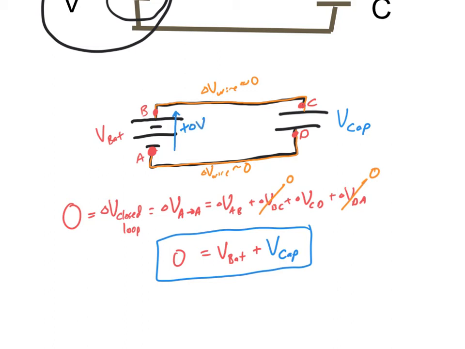Conversely, measuring from B to A would be a negative difference in voltage. High to low or low to high. In the same way, from C to D would be a drop in voltage, so negative delta V, whereas from D to C would be a positive difference in voltage. Because C and B are at the same high voltage, and A and D are at the same low voltage.